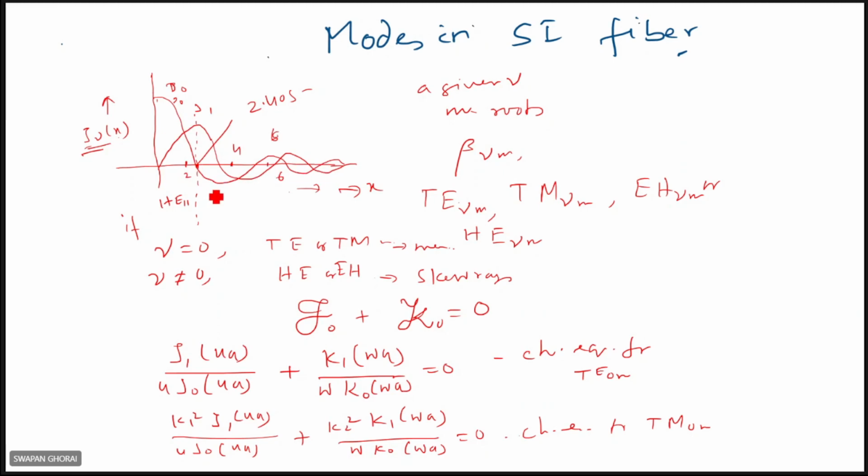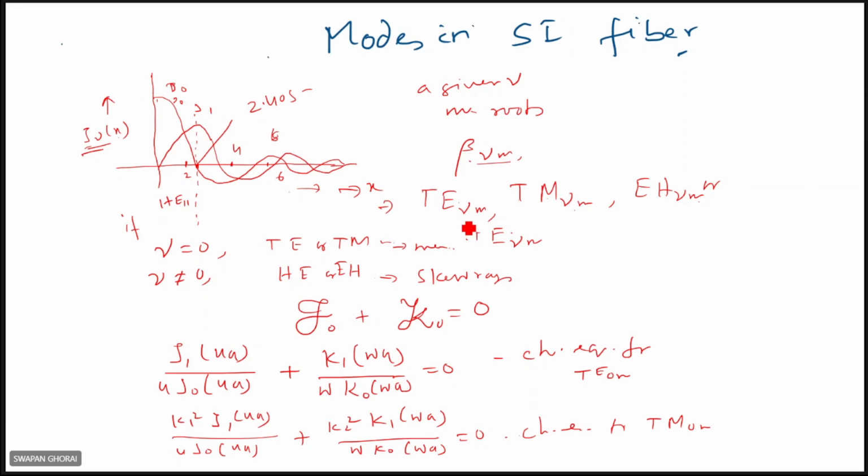That means there will be m roots for a particular value of nu. That's why the beta will be labeled as beta nu m, and accordingly the modes obtained will be labeled as TE nu m, TM nu m, EH nu m, or HE nu m.